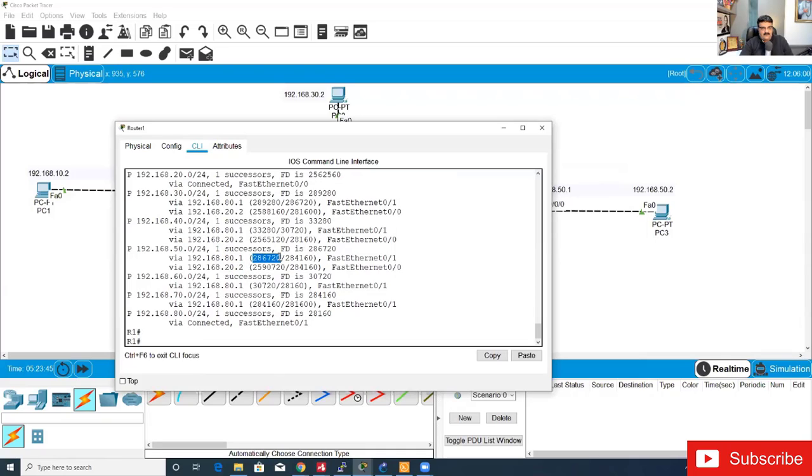Because if you count the cost, 20.2 has the higher cost, and because it has a higher cost, it cannot be the successor, since I'm already having the best path, and this best path is 80.1. So the route with the lowest cost becomes the successor, and the second lowest will be the feasible successor, right? So here I'm having two routes, and one is a successor and one is a feasible successor.